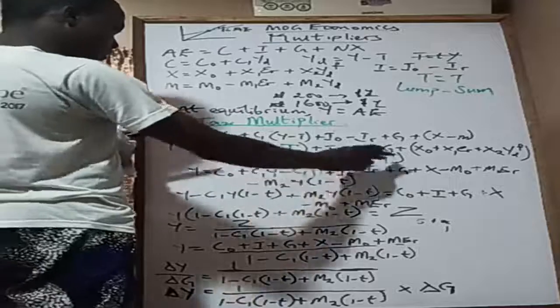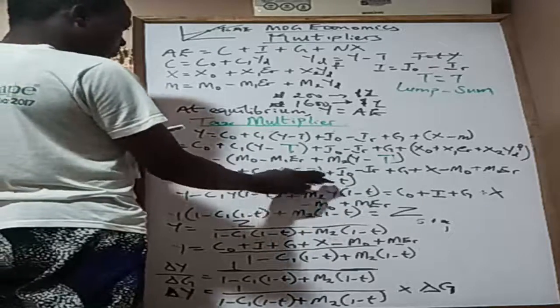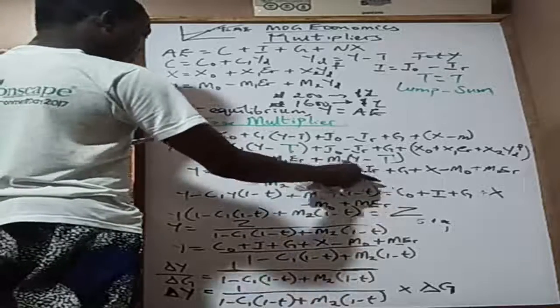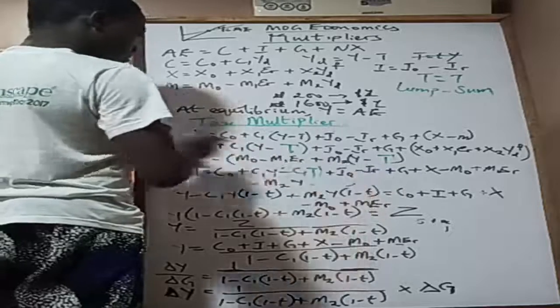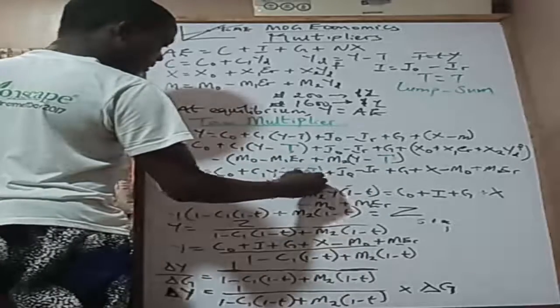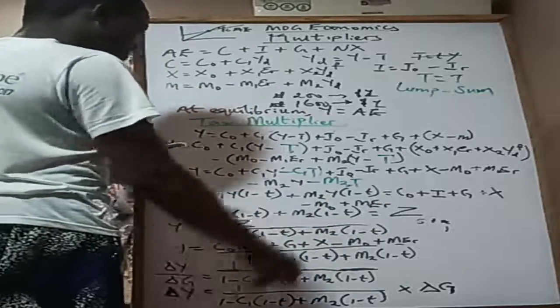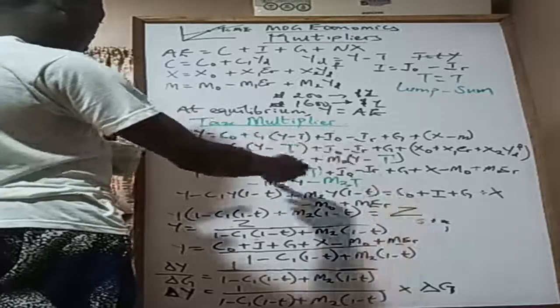This is already T, so M2 multiplied by Y, M2Y, then M2 multiplied by minus T, minus M2T. Then on and on, minus.